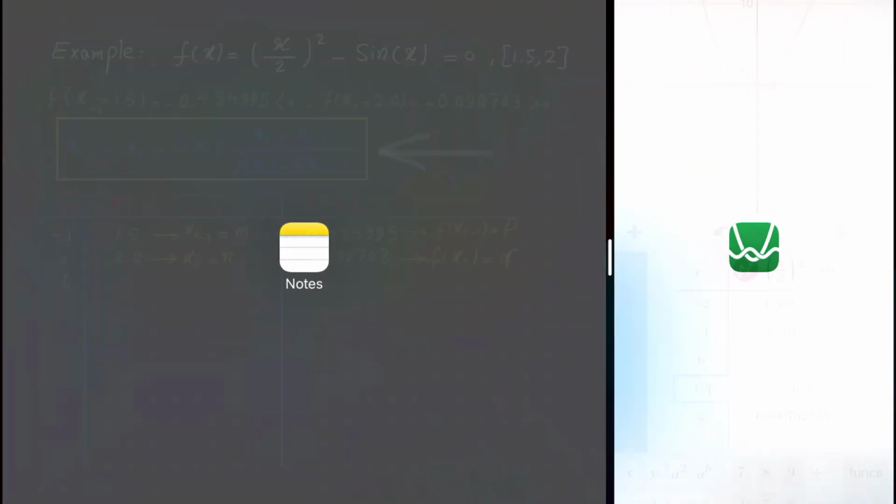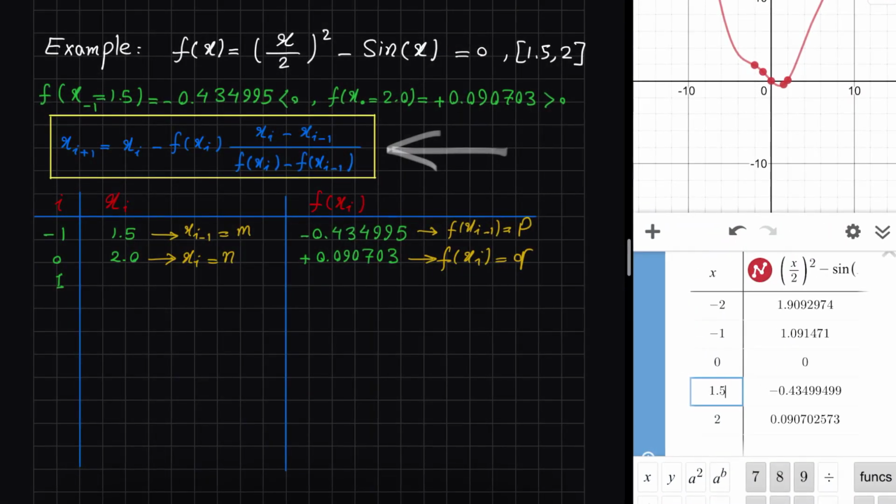Okay, now our new equation can be rewritten as xi, which is n, minus f(xi), which is q, times xi n minus xi minus 1 m, divided by f(xi) q minus p.